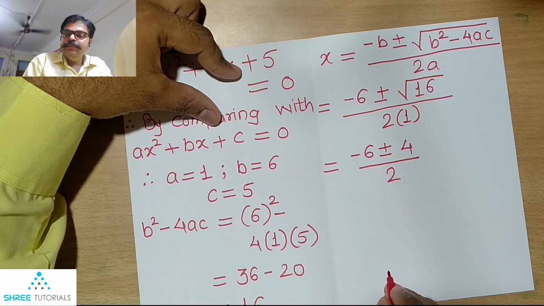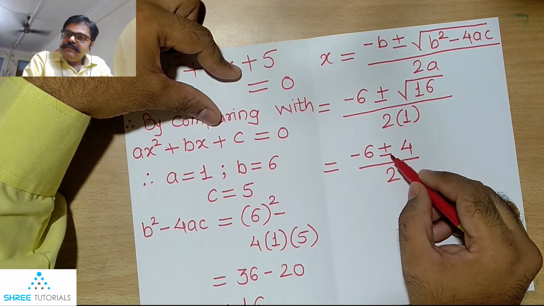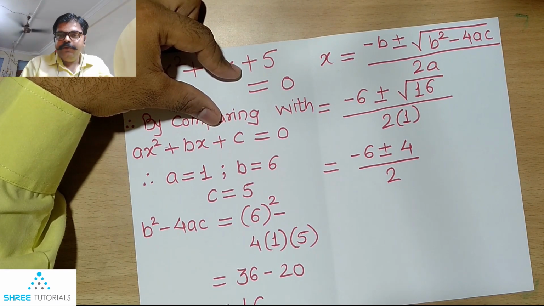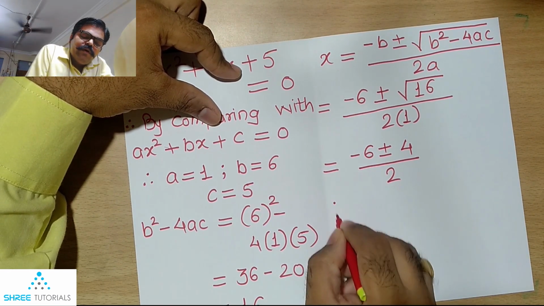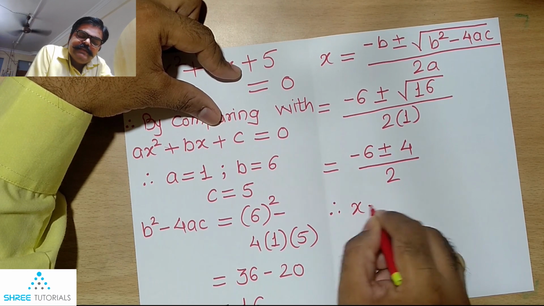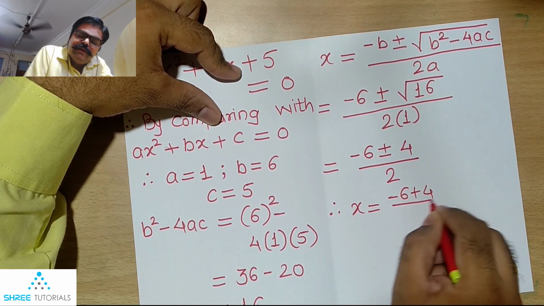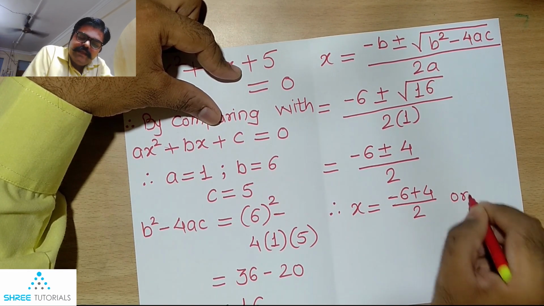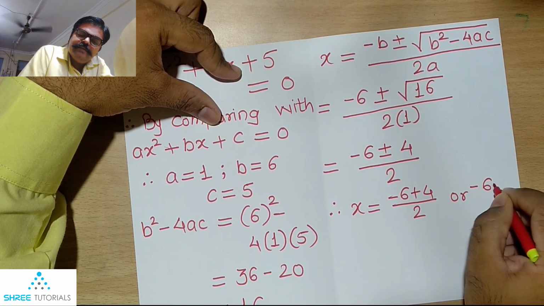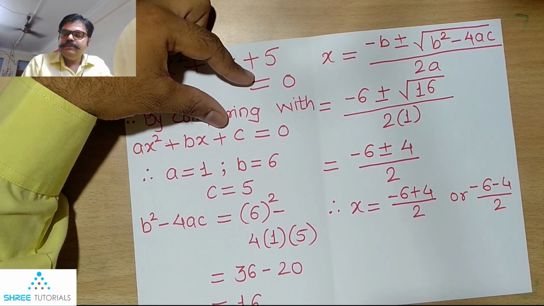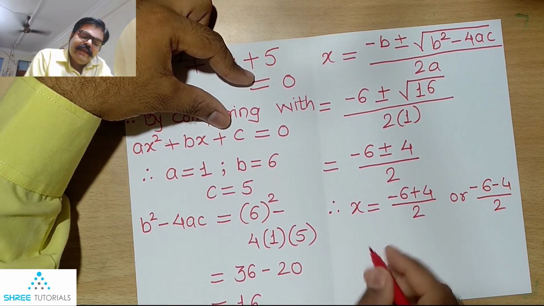Now please note, when we have this plus and minus in place, one by one every sign we are going to consider. So what we are going to write, x is equal to minus 6 plus 4 divided by 2, or else minus 6 minus 4 divided by 2. These are the two possible values we can have for x.